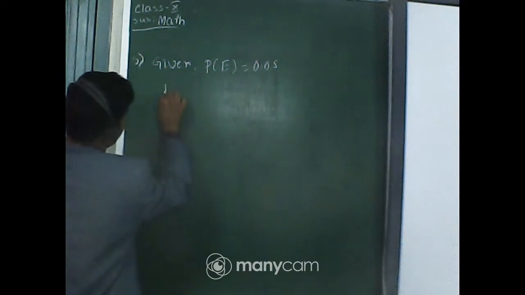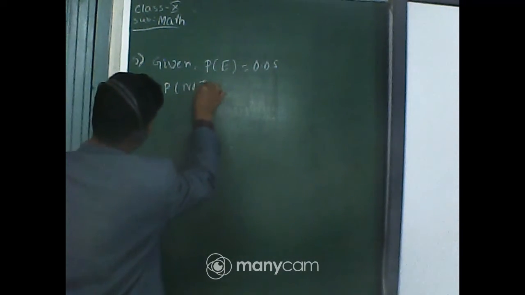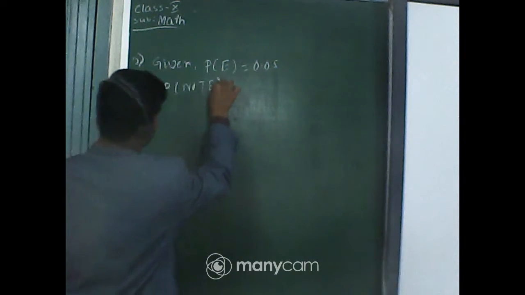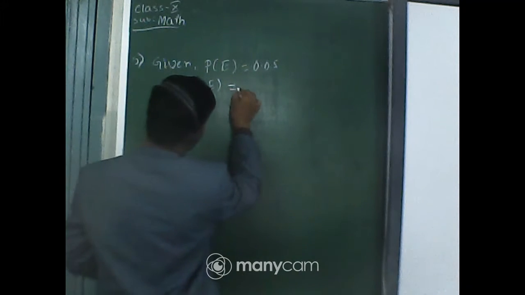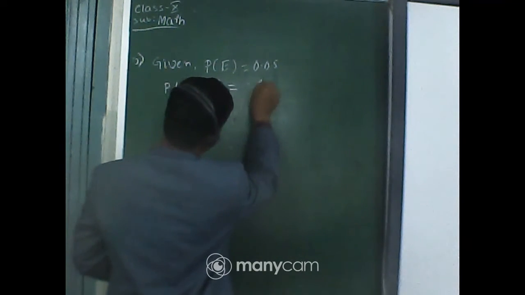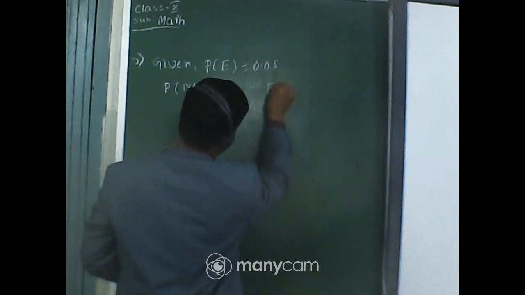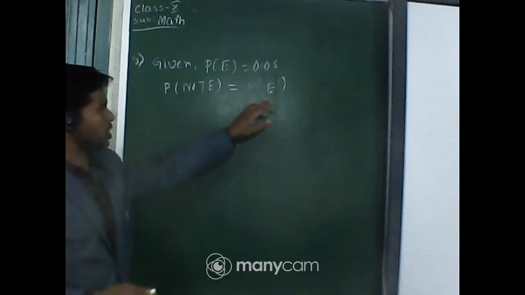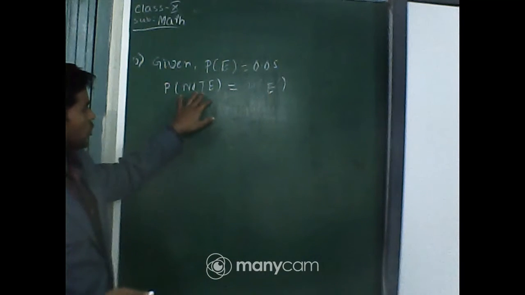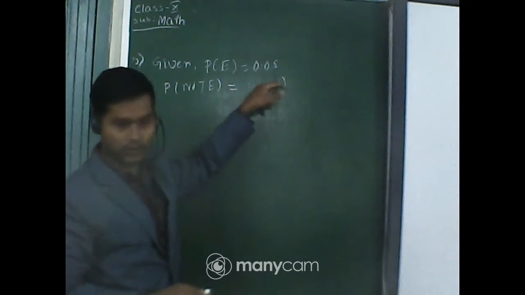My question is, what is the probability of not E? This can be written in the form probability of E naught. Both have the same meaning. You can write not E or E with a dash over it.